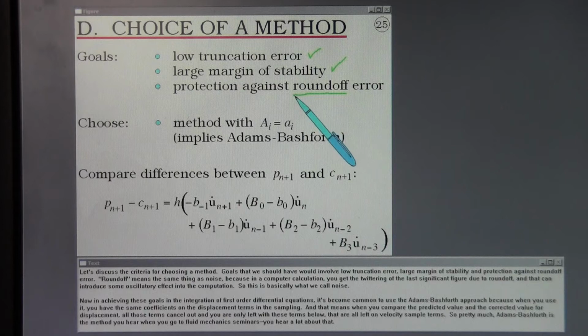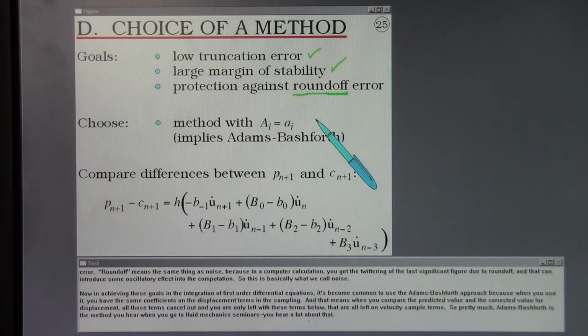Now, in achieving these goals for the integration of first-order differential equations, it's become common to use the Adams-Bashforth approach, because when you use it, you have the same coefficients on the displacement terms in the sampling.